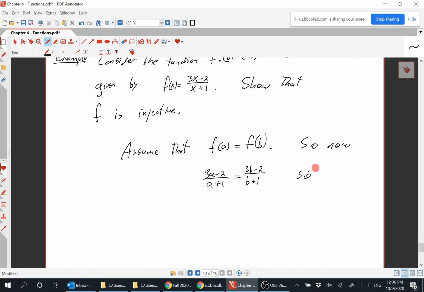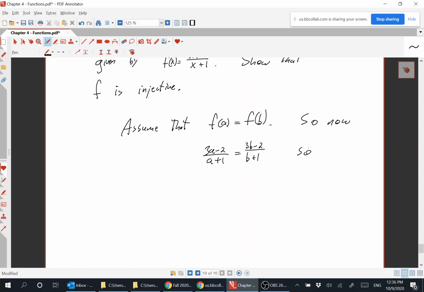So now what can we do here? Cross multiply, right? 3a minus 2 times b plus 1 is 3b minus 2 times a plus 1.